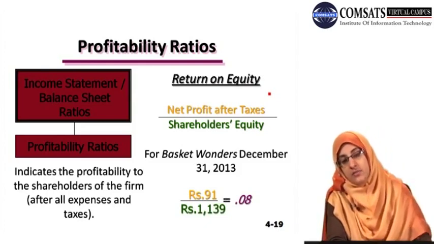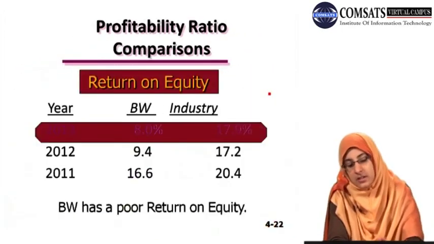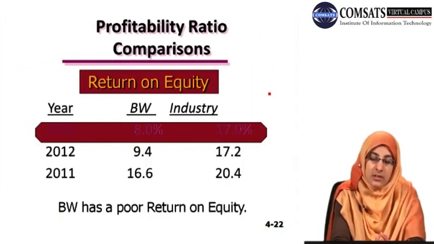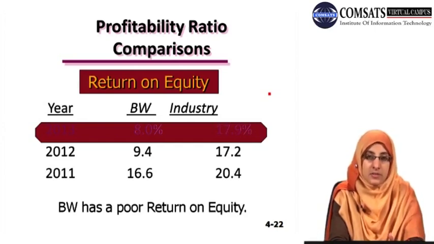This 8% is a very poor return on equity, and it indicates that the company is not doing very well, getting only 8% return on each unit of investment from the shareholders, compared to its industry and other investment options.